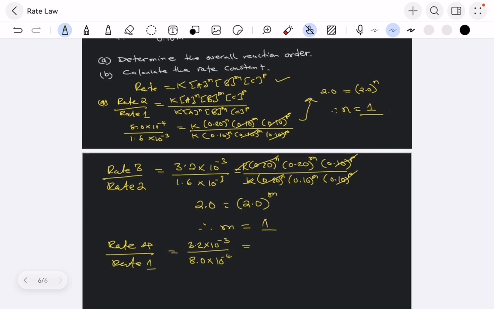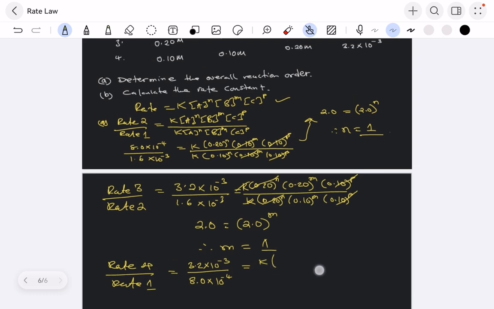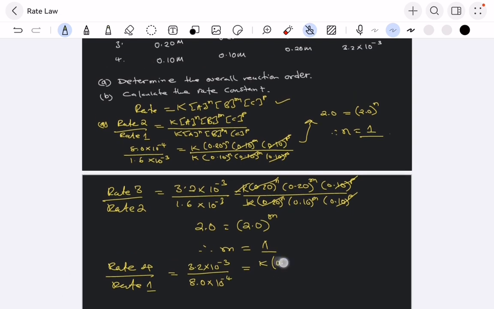Then we'll say K. For rate 4 we have 0.10 N, 0.10 M, then 0.20 P.